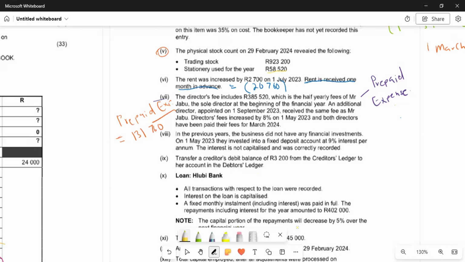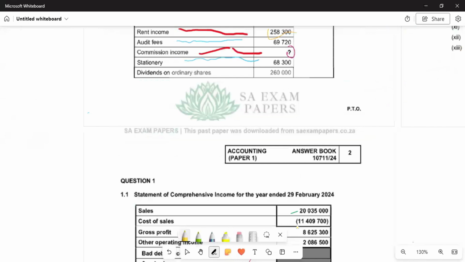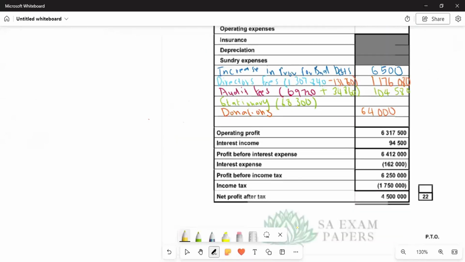Now the expense is represented by the actual stationery that you used. This is the stationery we used, and this would be our expense with regards to the stationery. So here I need to recognize this 58,520 as my expense.